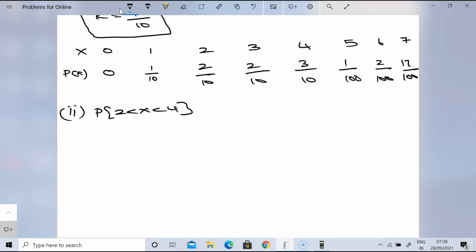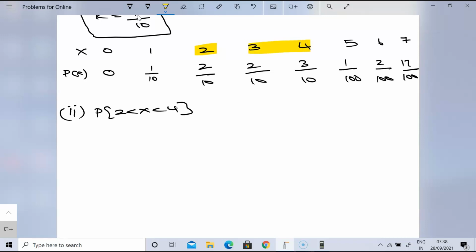So what are all the numbers more than 2? Now you see, strictly more than 2, but less than 4. More than 2 means this 2 is omitted. It's more than 2, so 3, and between 3 and 4.